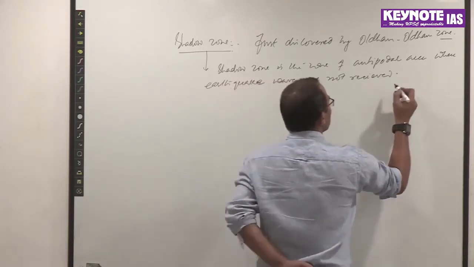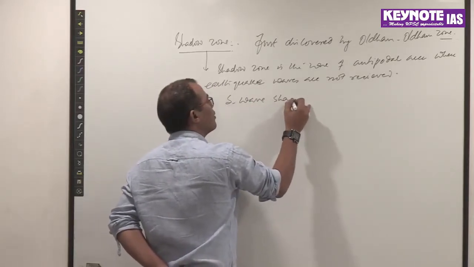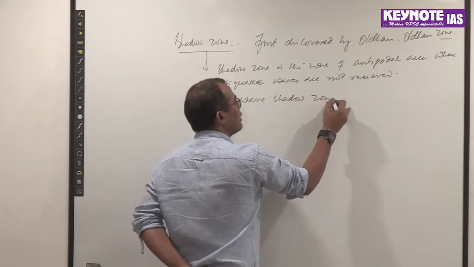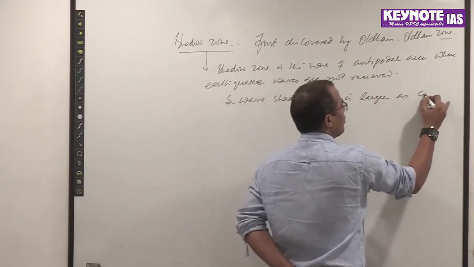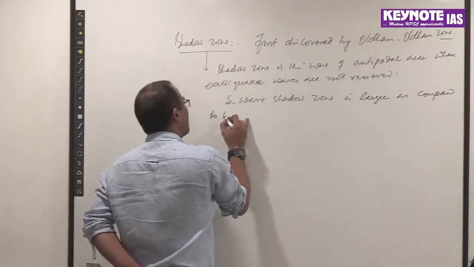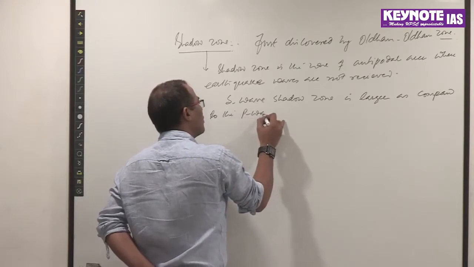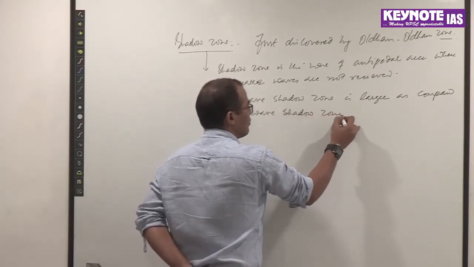S-wave shadow zone is larger as compared to the P-wave shadow zone.